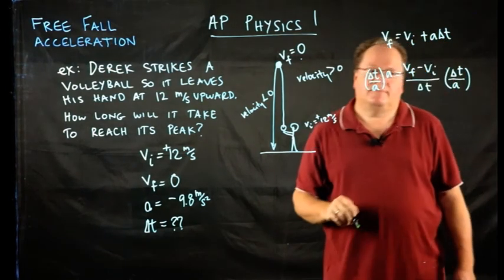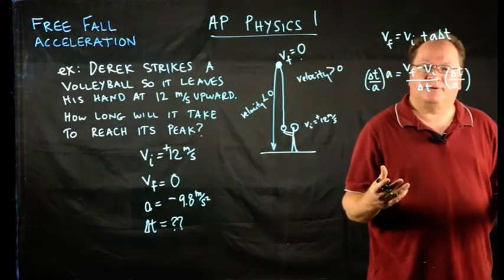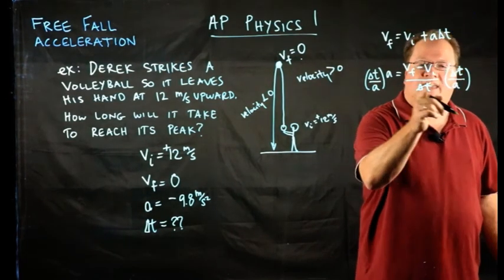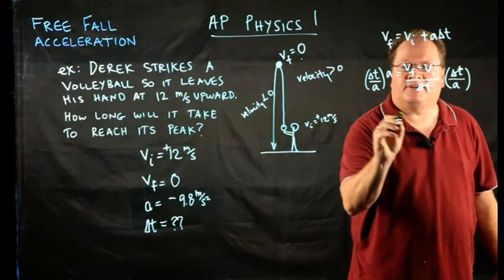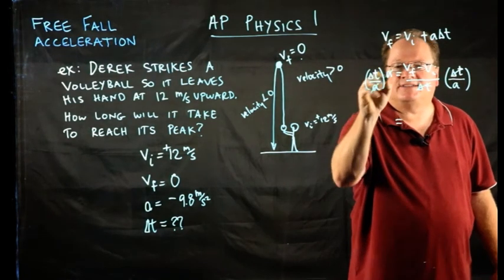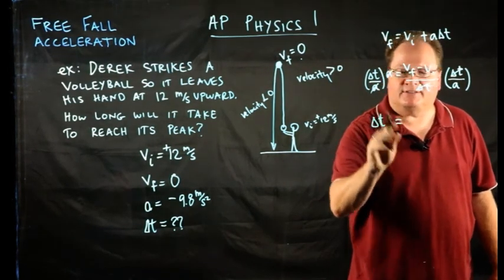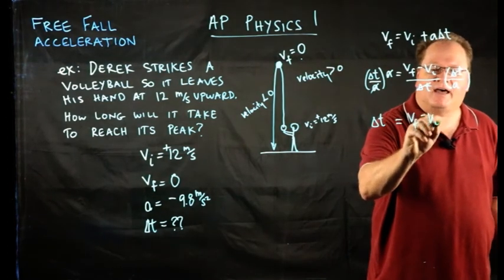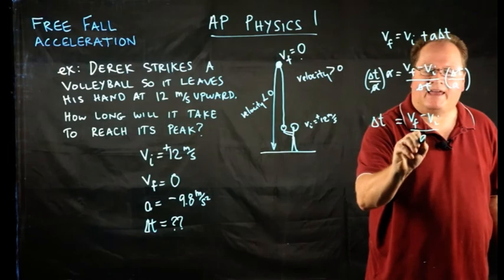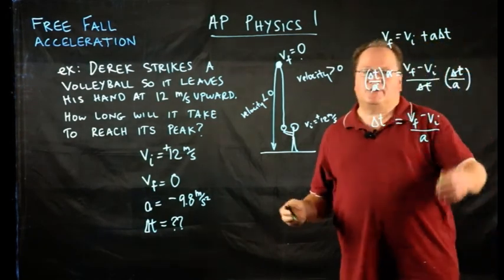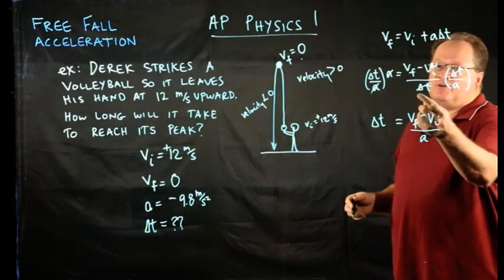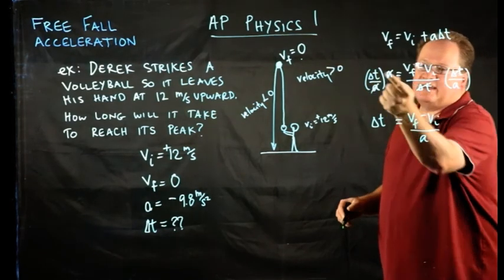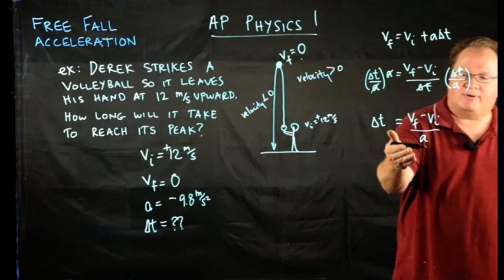Essentially, I cancel the delta t, the a stays in the denominator, and over here I cancel a, and I'm left with delta t. So delta t equals Vf minus Vi over a. The net result when you do this algebra is you just switch places between the delta t and the a. The a moves down here, the delta t moves up there, and you get this.